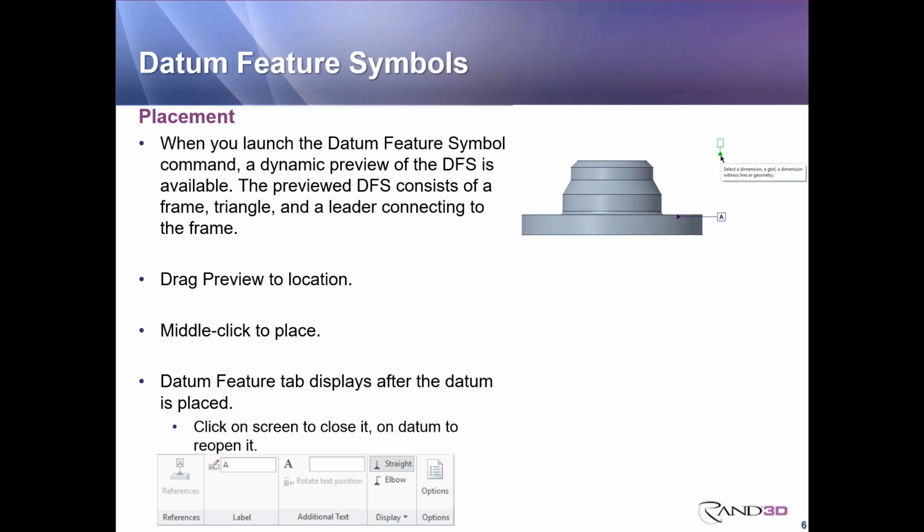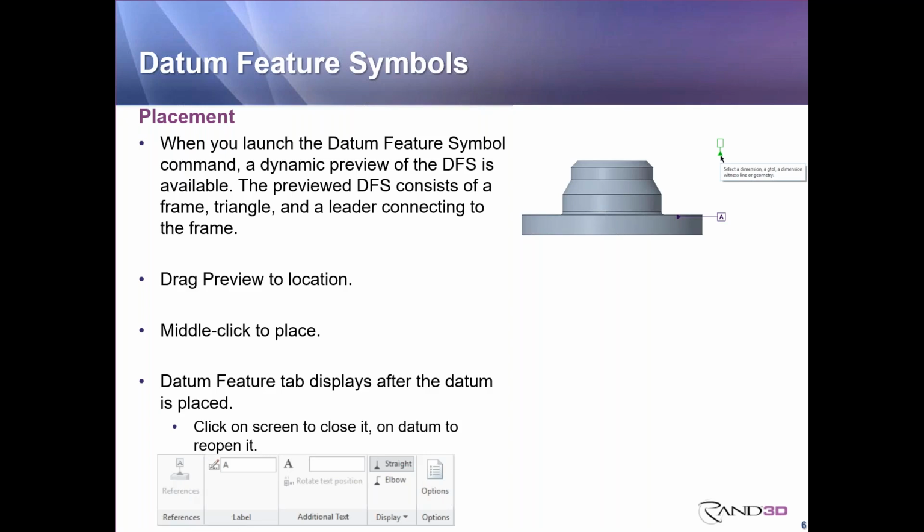One thing I will say, in addition to what references you can select when you're creating a datum feature symbol in a drawing, the placements area is empty. So you're only able to edit the placement through the datum feature tab while you're in the model environment. If you're in the drawing, that area, as indicated by the screenshot at the bottom here, is grayed out.